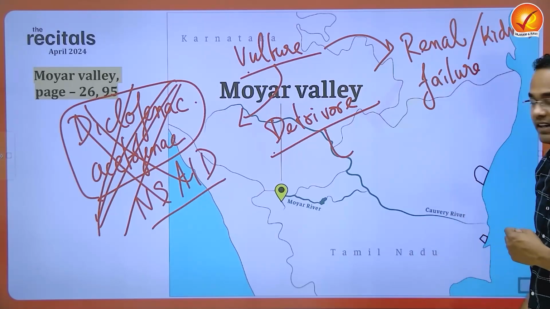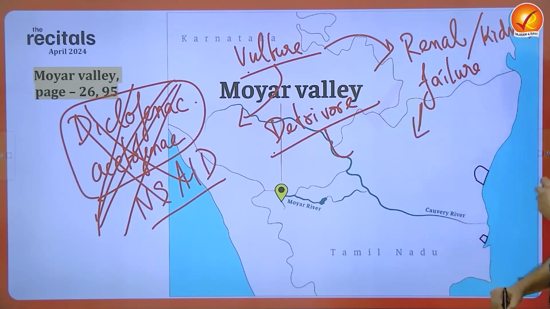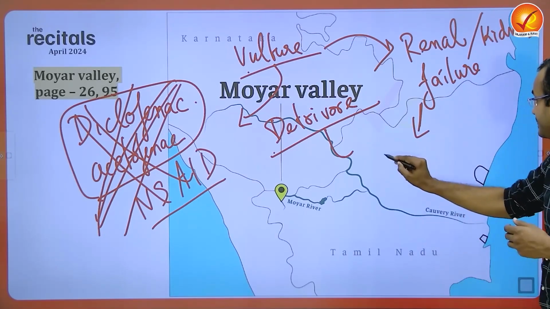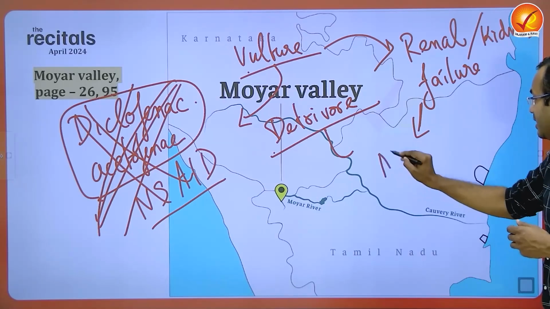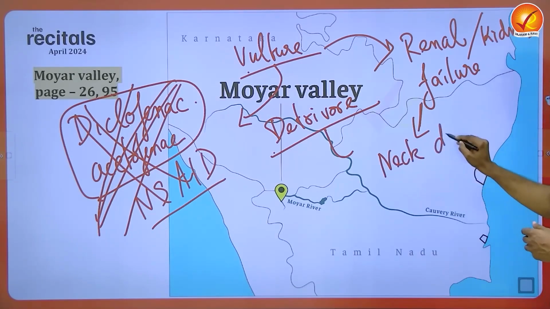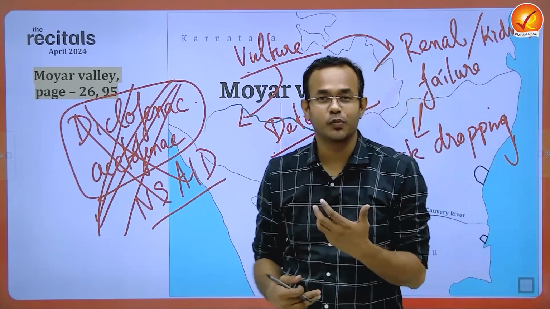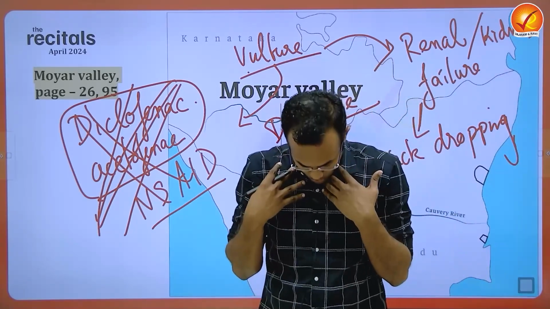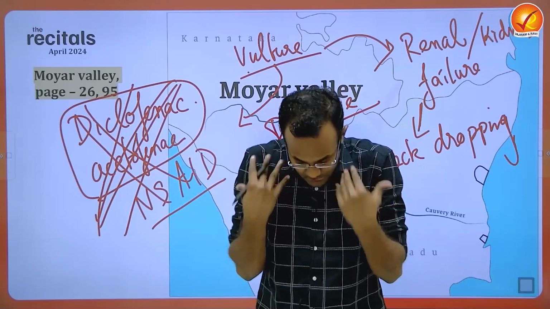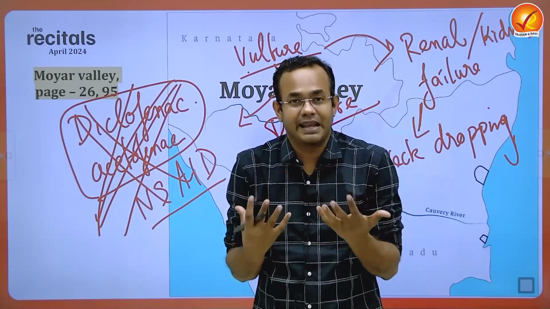Followed by this renal failure or kidney failure, it resembles the neck drooping symptom. What do you mean by neck drooping symptom? Neck drooping symptom is a visual appearance that we see in reality in the field.